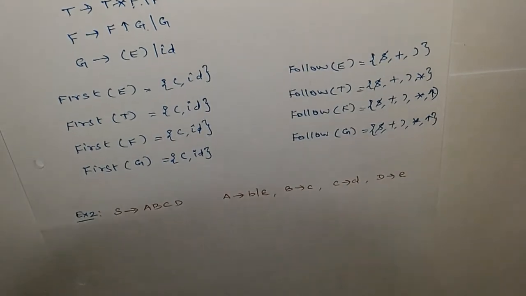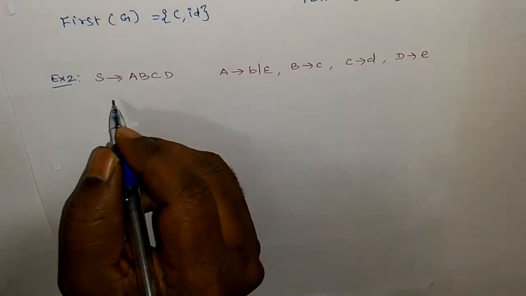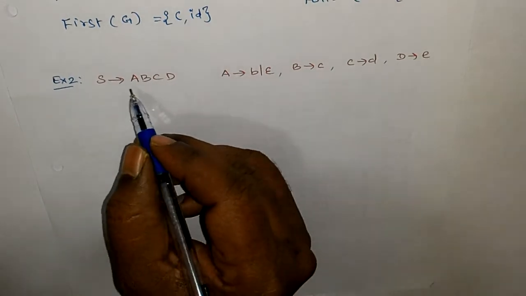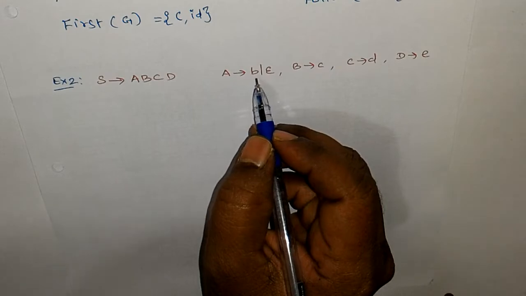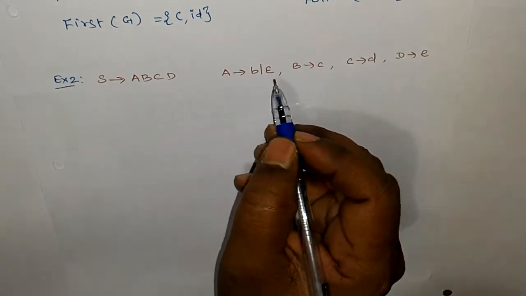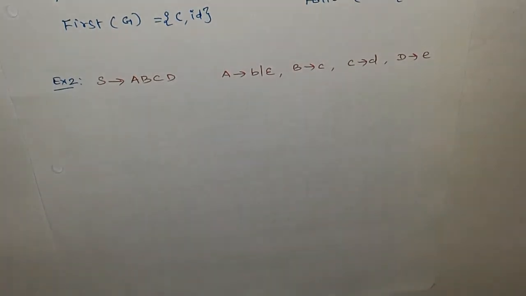Now we will see one more example. In this example, the grammar has S derives ABCD as production 1, A derives small b or epsilon, two productions here. Then B derives small c, capital C derives small d, capital D derives small e.